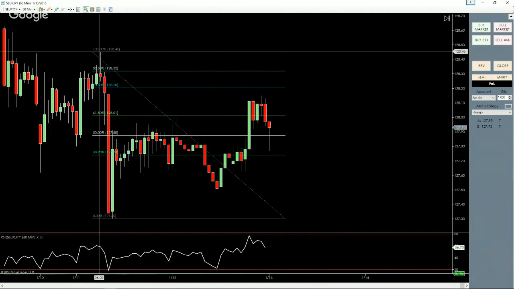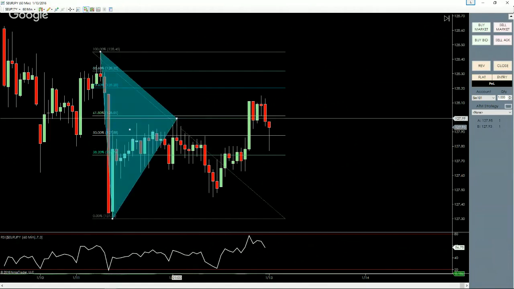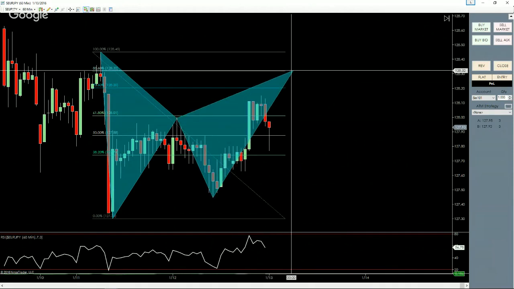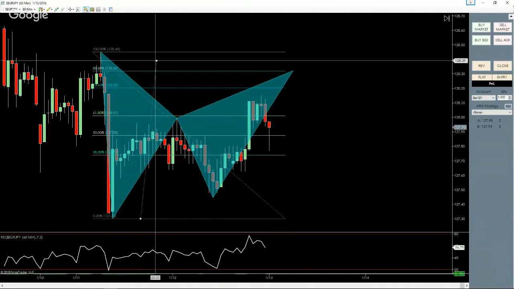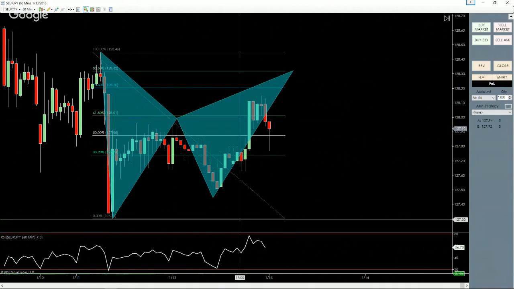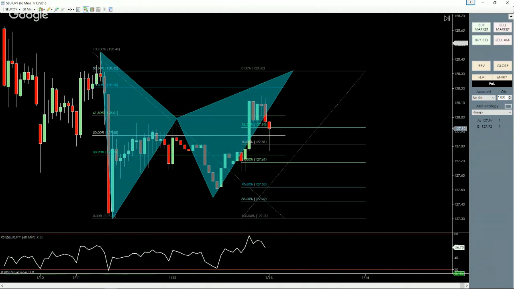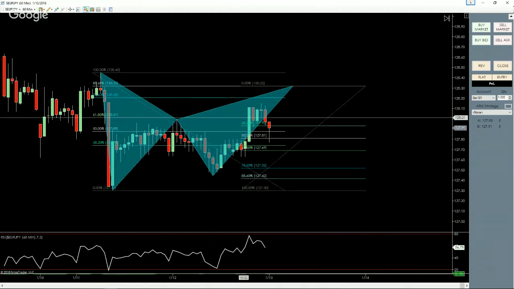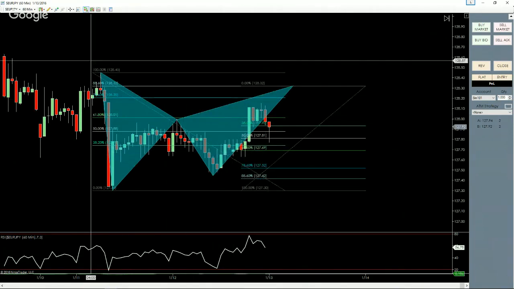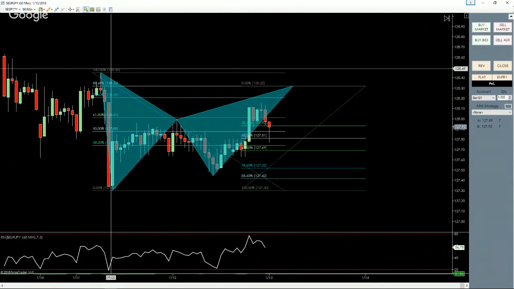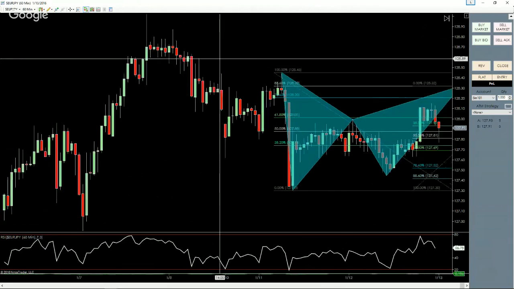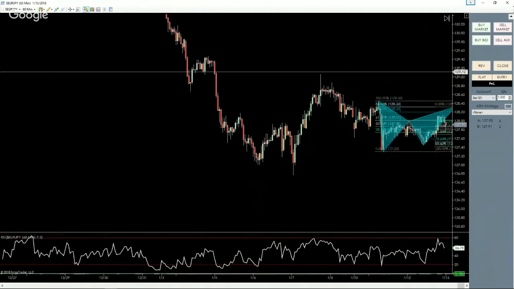So you have that bat pattern to the 88.6. Of course, first target to the 382, second target to the 618, and stops above this X level right here. That is a bearish pattern on a bearish trend.